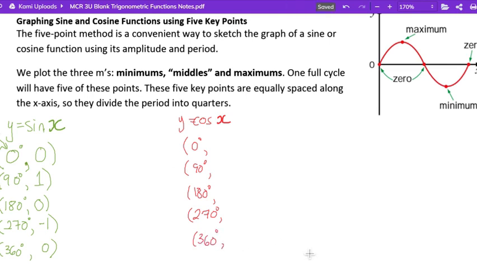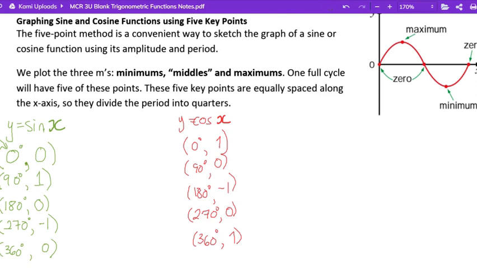All right, fill in the y values for these. And so what's kind of cool is you see that you just need to know the starting point, because then it oscillates between the central axis and the max and the min, right?